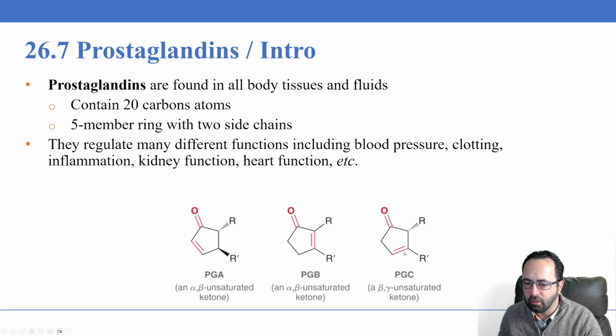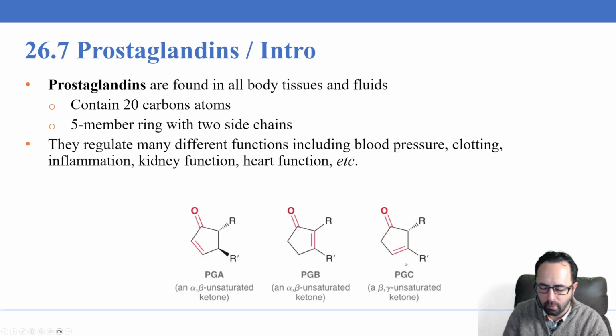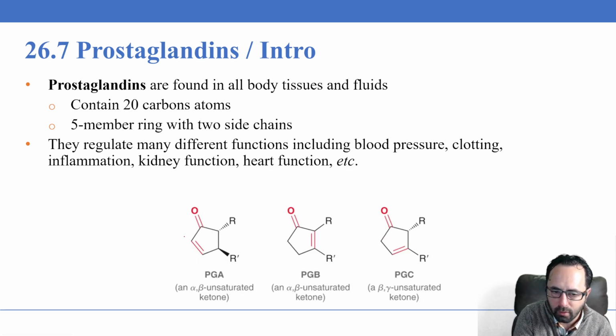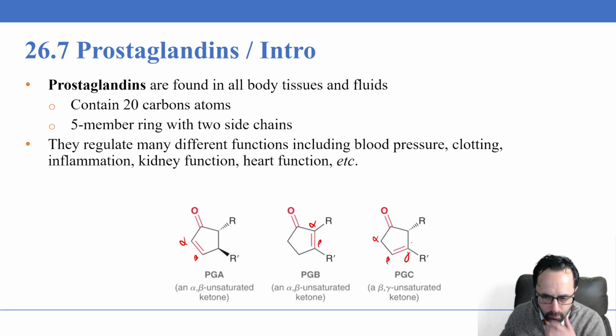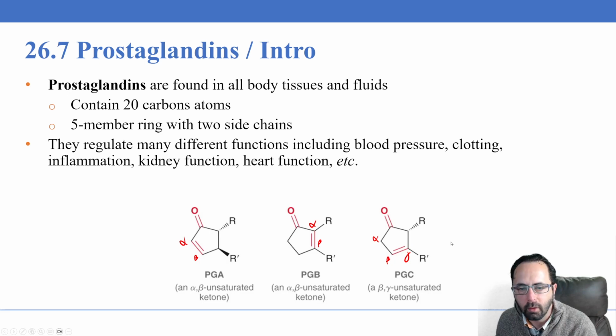And then PGC here is a beta gamma unsaturated ketone: alpha, beta, gamma.